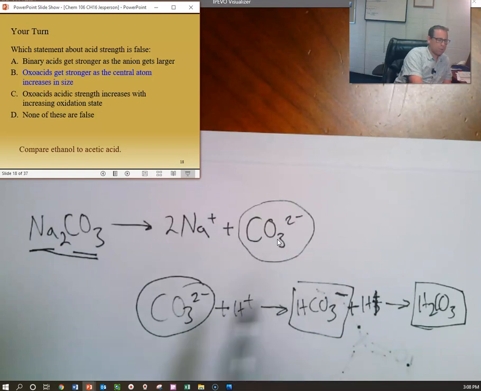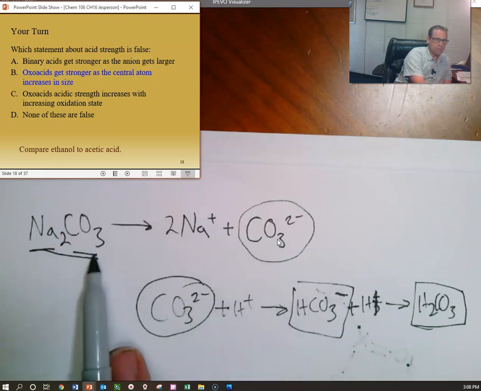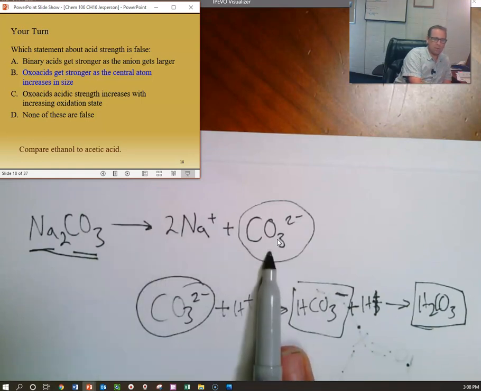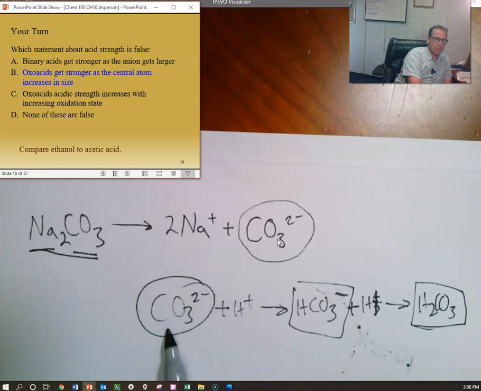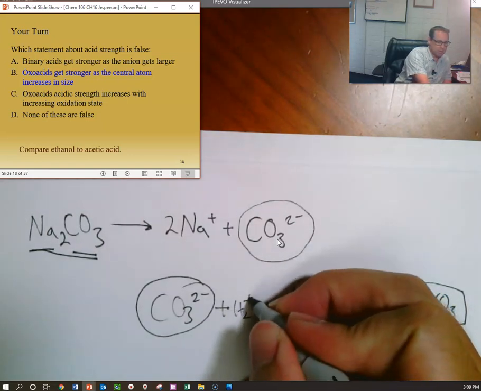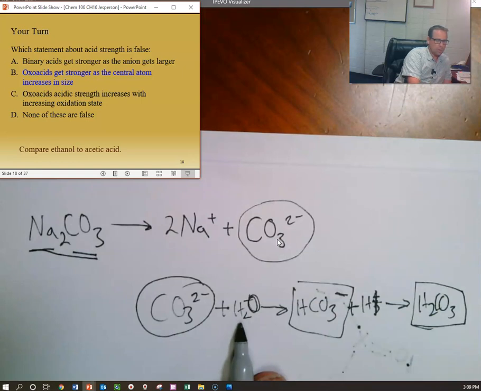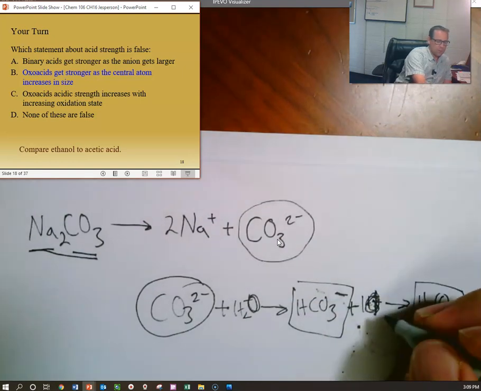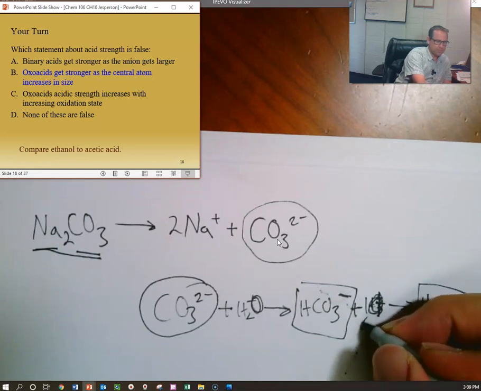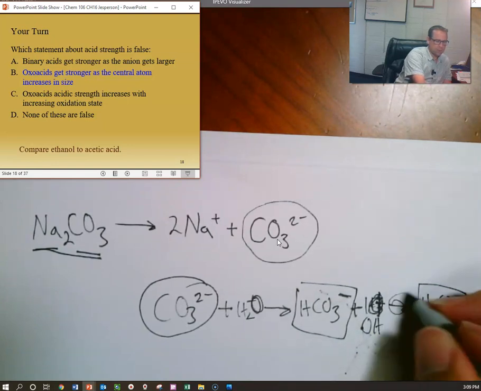And when you put that strong base into water, it's going to take hydrogens away from the water. So when I put Na2CO3, salt, into water, the sodium ion and the carbonate ion result. And then when the carbonate ion's around, it begins to take hydrogens. It's not going to take hydrogen ions H+ on their own, but usually those are going to be in the form of just water. And so you're going to result in HCO3 minus and the hydroxide ion.